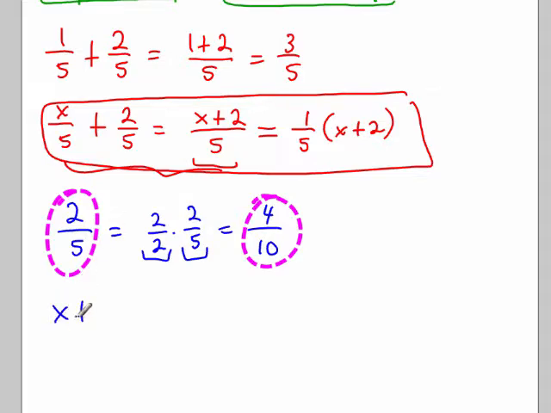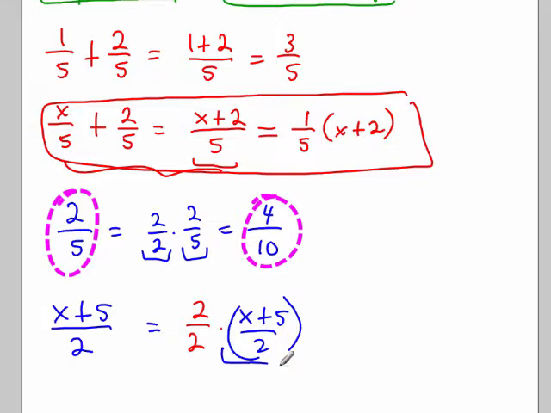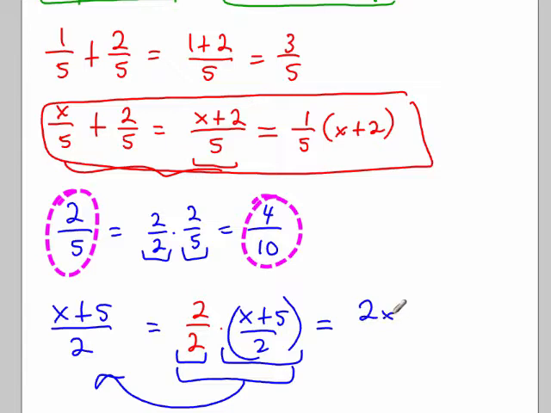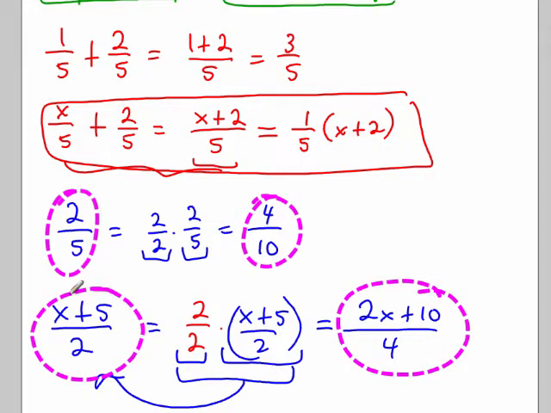If I had x plus 5 over 2, I could multiply numerator and denominator by 2, because that's just 1, and multiplying my original expression. In other words, I'm taking my original expression and multiplying by 1, so this should be equivalent to that. When I then do the multiplication, my expression is going to be 2x plus 10 divided by 4. And so this expression is equivalent to that expression.